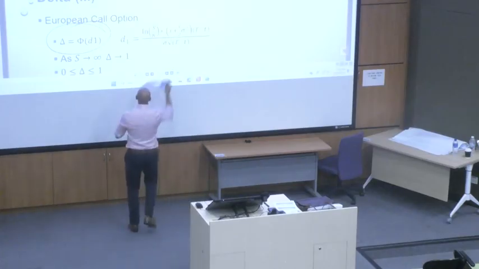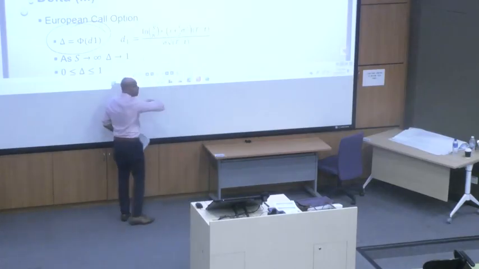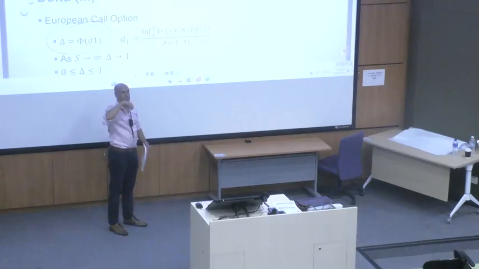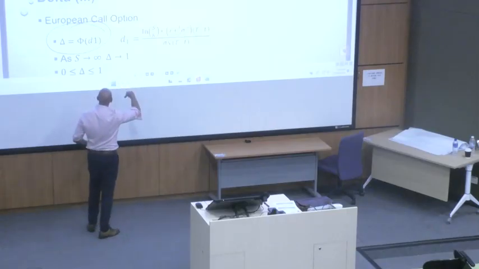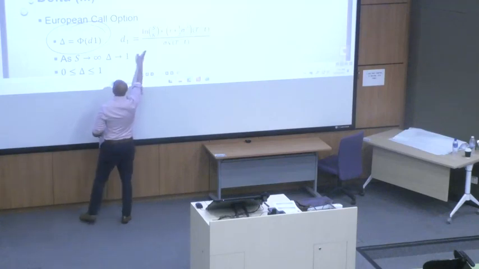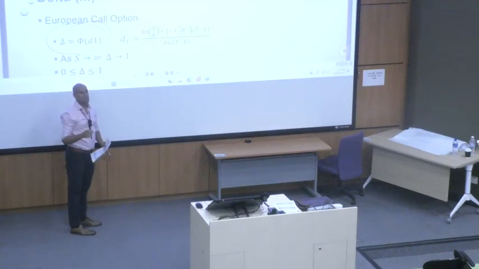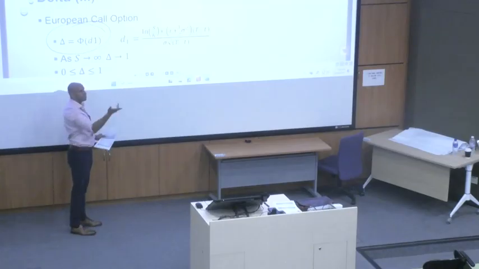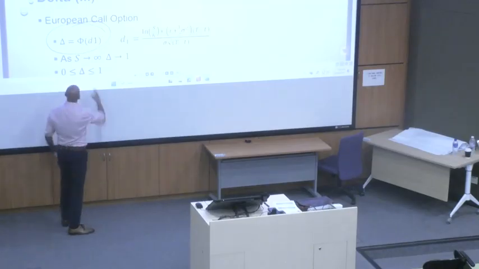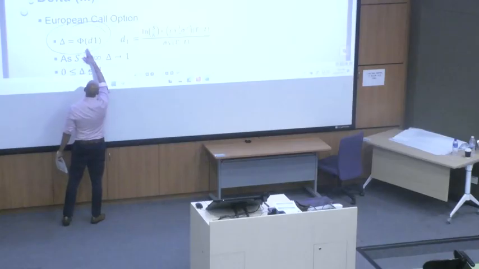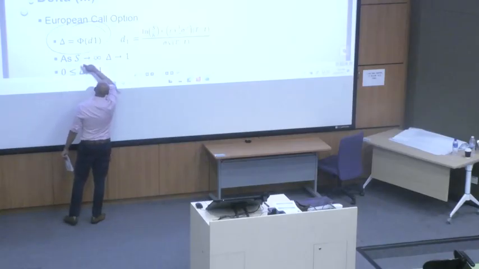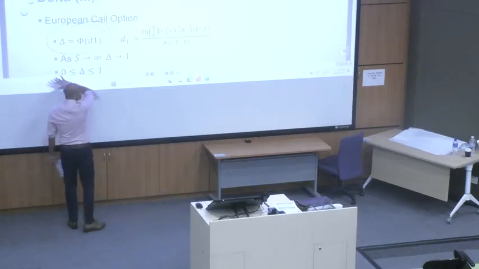S goes to infinity, so the log of infinity is infinity. It goes to infinity slowly, but it goes to infinity. So d1 goes to infinity. Anybody remember what that symbol is? The cumulative function of the Gaussian. So it's the probability of Z being less than or equal to d1. And as d1 goes to infinity, that goes to 1.